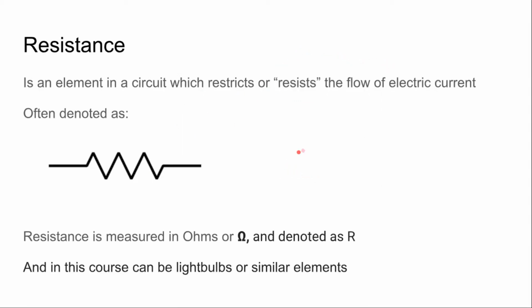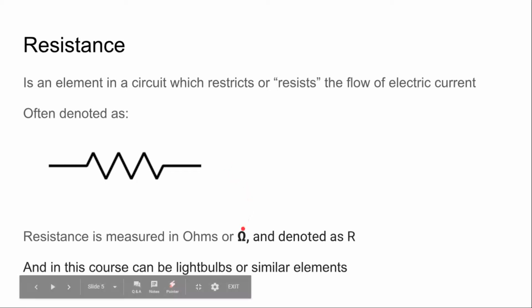What is resistance? Resistance is an element in a circuit which restricts or resists the flow of electric current. It's often defined by this symbol, which is some wavy lines next to two straight lines through a circuit. Resistance is measured in ohms and denoted as R in terms of circuits.